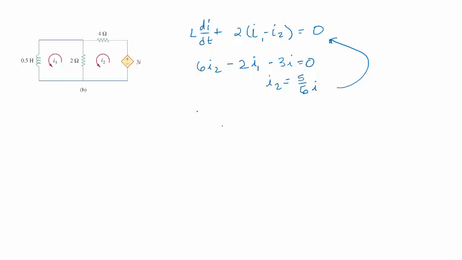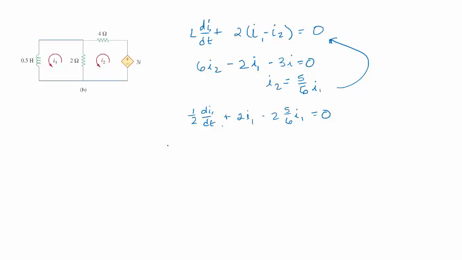L is 1/2, by the way, 1/2 Henry. So 1/2 di/dt plus 2 I1, remember this is I1 because we were in loop 1, minus 2 I2, which is 5/6 I1, equals 0.